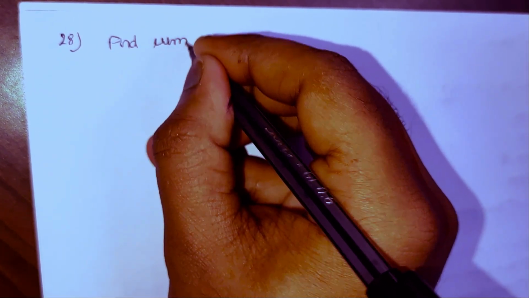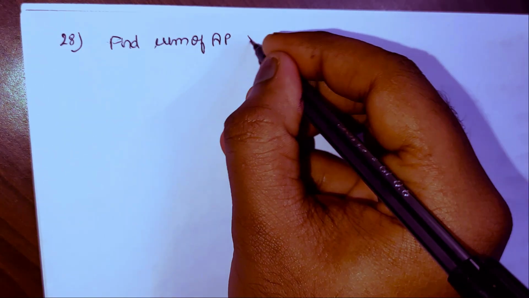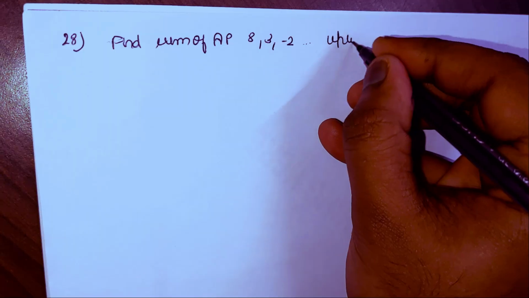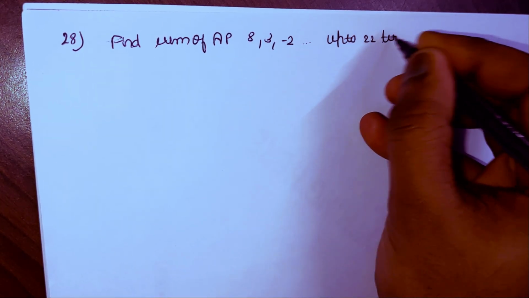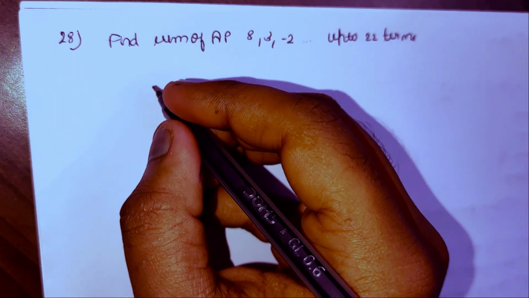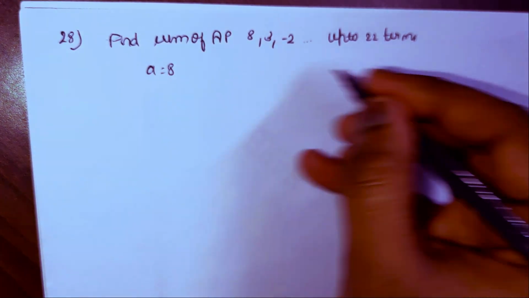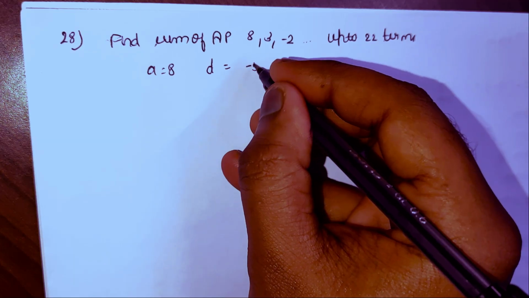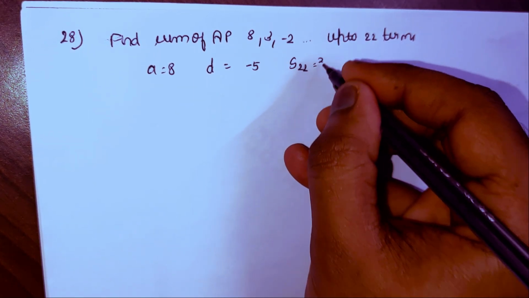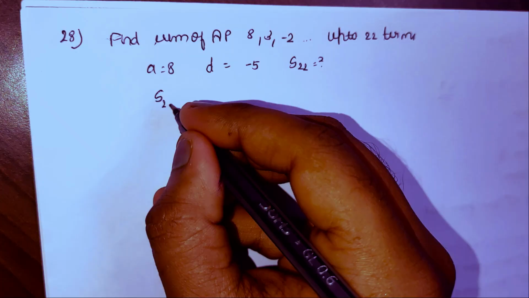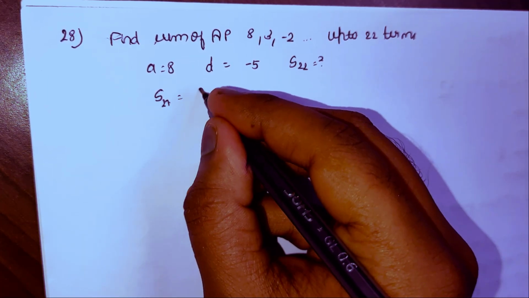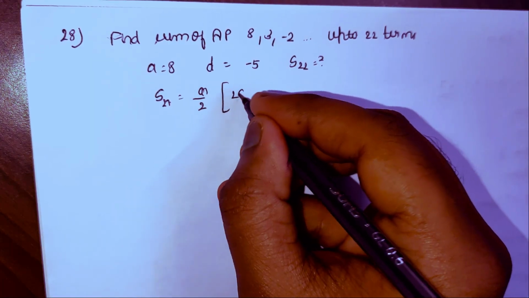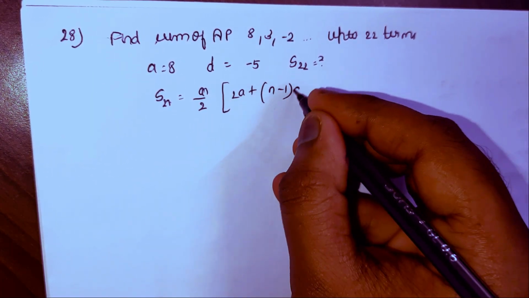Find the sum of the arithmetic progression 8, 3, minus 2, so on up to 22 terms. Here a is given, that is 8. Common difference, we know, that is 3 minus 8, that is minus 5. We have to find S22. We know the formula of Sn, that is n by 2 into 2a plus n minus 1 into d.